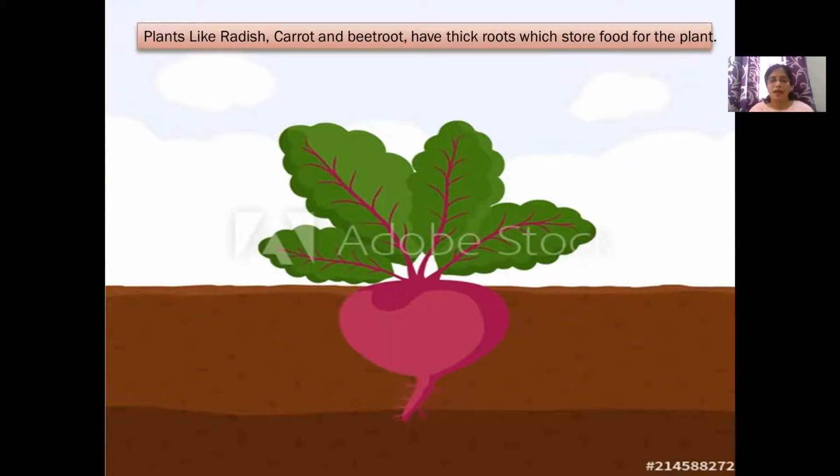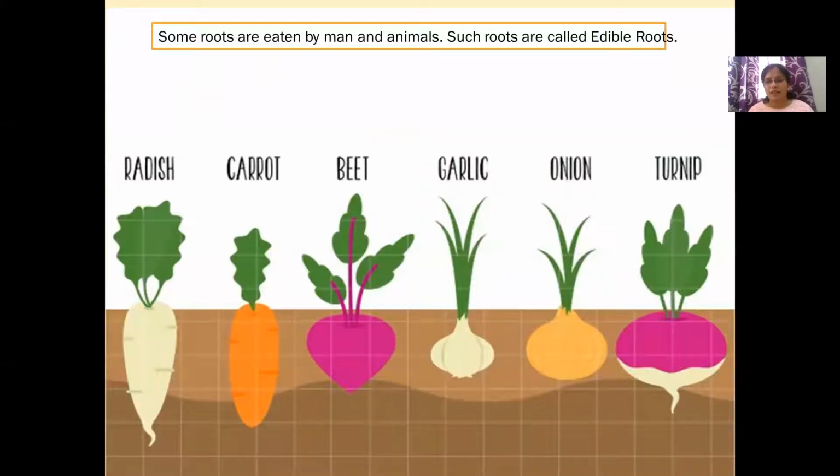So these plants like radish, carrot, beetroot, garlic, onion, turnip, all these are the roots of the plant. They are the roots, right?